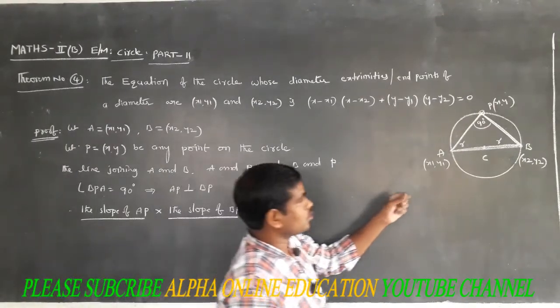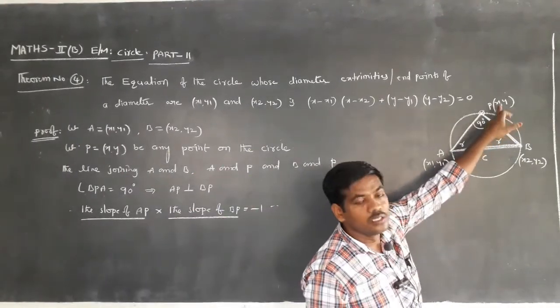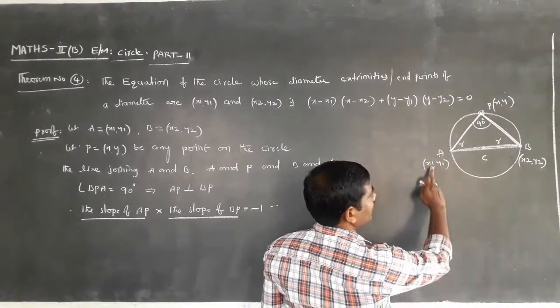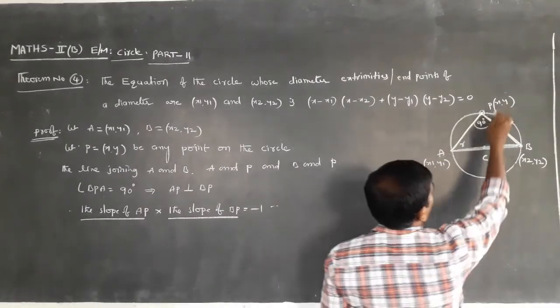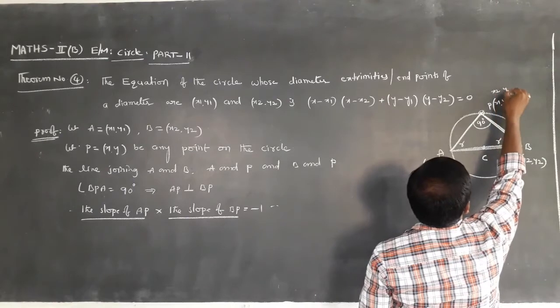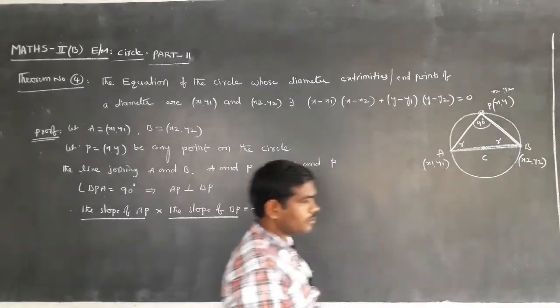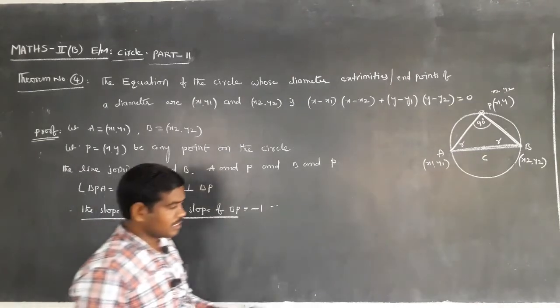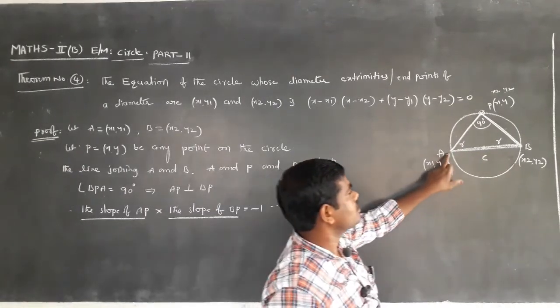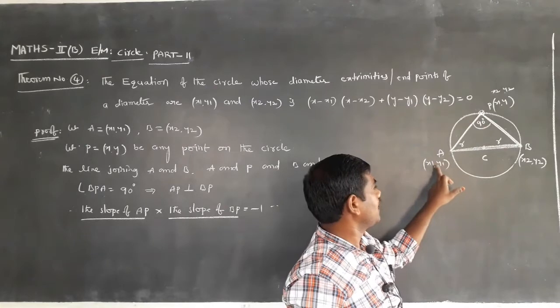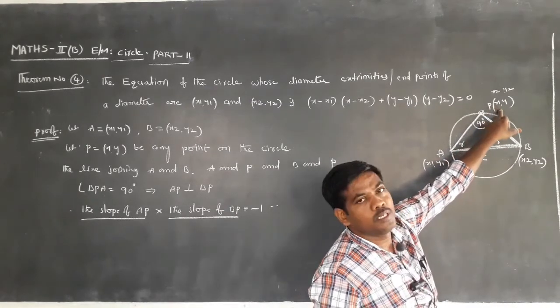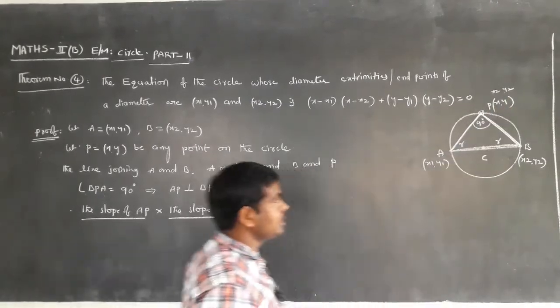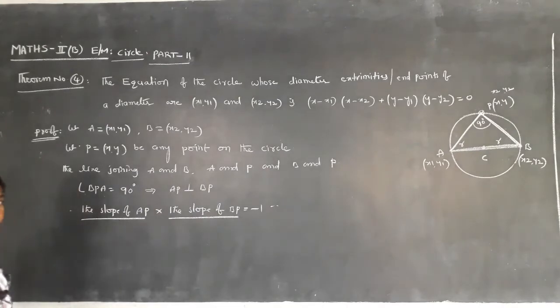Find the slope of AP. Let A be (x1, y1) and P be (x2, y2). The slope of the line joining two points A (x1, y1) and P (x2, y2) is (y2 minus y1) by (x2 minus x1).